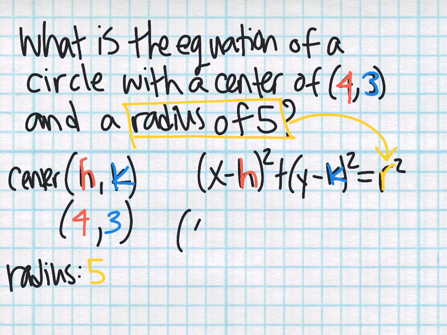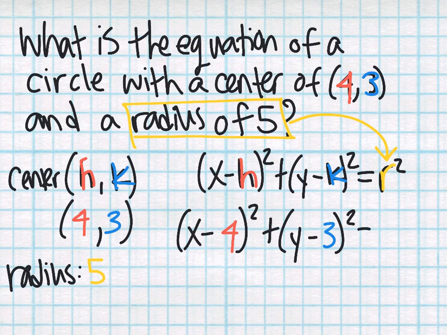So (x - 4) squared plus (y - 3) squared equals 5 squared. Now I don't want to leave it like this because I want this last part right here to not have a square on it.